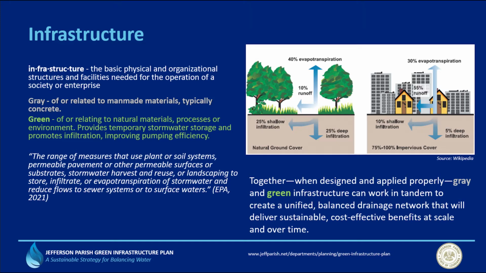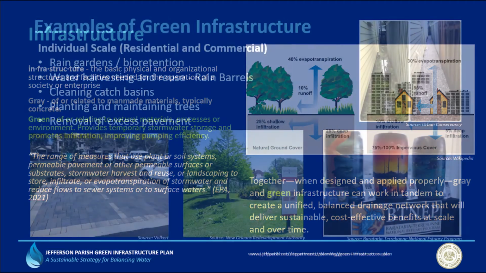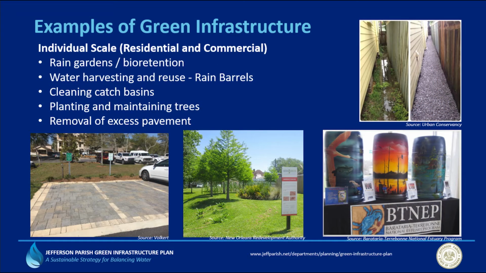There are many forms of green infrastructure. Forms vary from more engineered solutions, such as a green roof or permeable pavement, or simpler solutions such as a rain garden or rain barrel. Examples of green infrastructure happen at multiple scales, including individual and community scale.